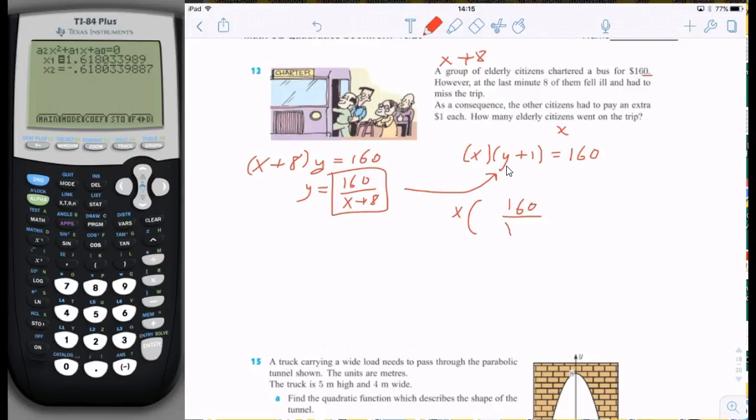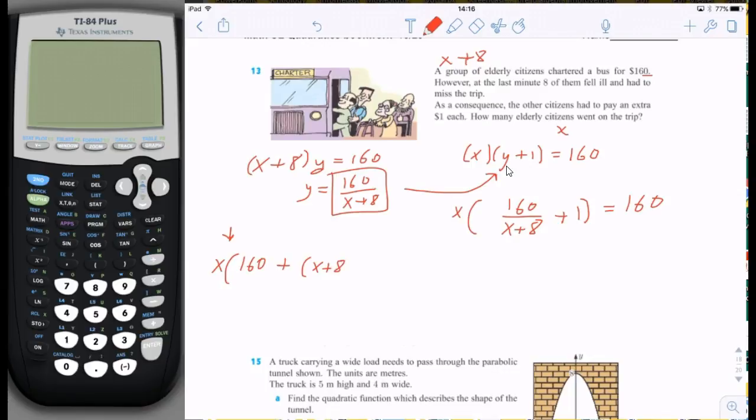So we're going to have 160 over x plus 8 plus 1 equals 160. So I'm going to start my work over here, and I'm going to multiply everything by x plus 8 so that I don't have any x plus 8 in the denominator anymore. So I'm going to have x times 160 plus x plus 8 equals 160 times x plus 8.